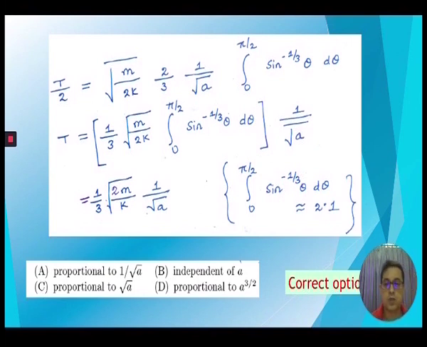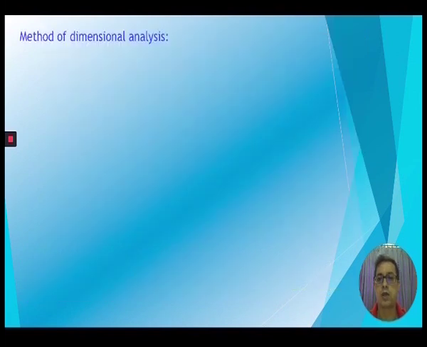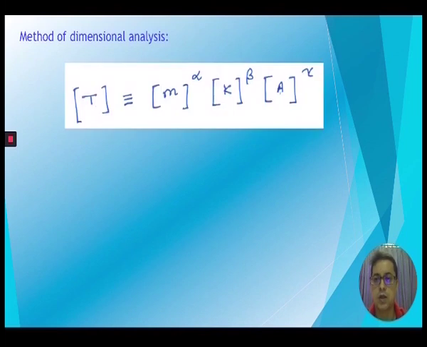This problem looks very, very difficult this way, but it is very easily solved if you just apply dimensional analysis. That can be done trivially. In dimensional analysis, the time period is going to depend on the mass m, the stiffness constant k, and the amplitude a. You know how to do dimensional analysis.